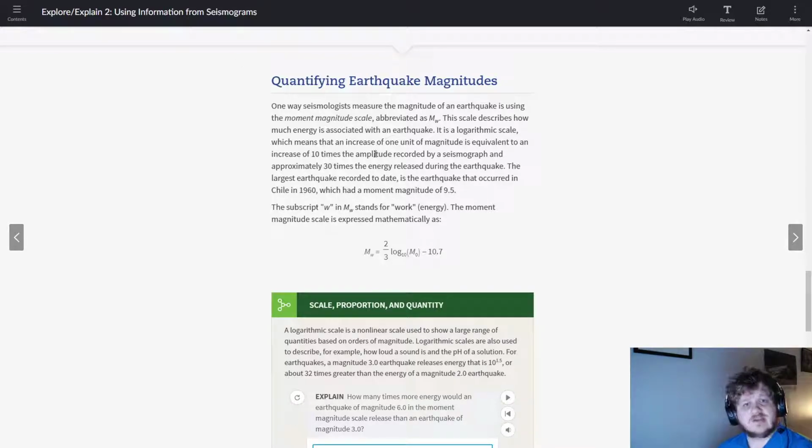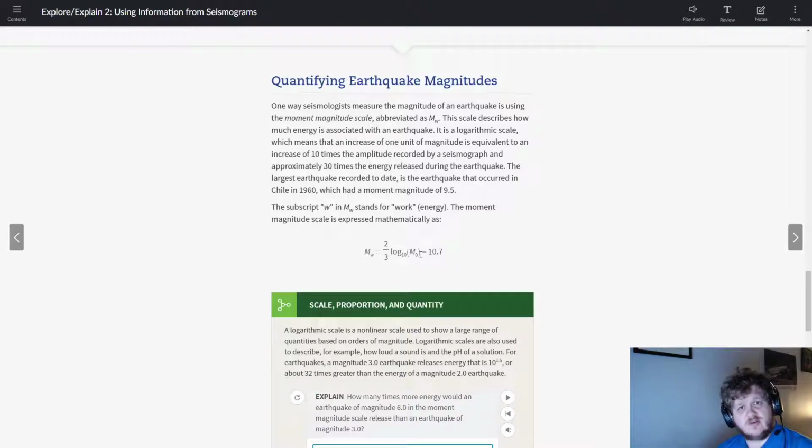I did some math on Desmos using this equation, where M_W represents your Richter scale value, and this represents the energy released during the earthquake. We converted this energy released into a factor of about 10 scale, which increases exponentially with each new step.